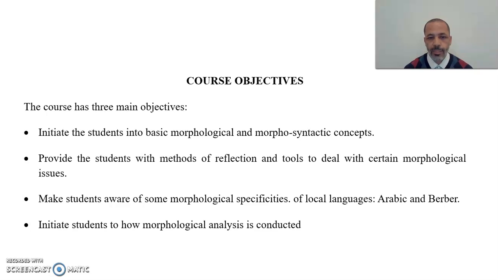The second objective is about providing the students with methods and tools of reflection to deal with certain morphological issues. In the third objective, we will try to make students aware of some morphological specificities of local languages. I mainly focus on Arabic and Berber.